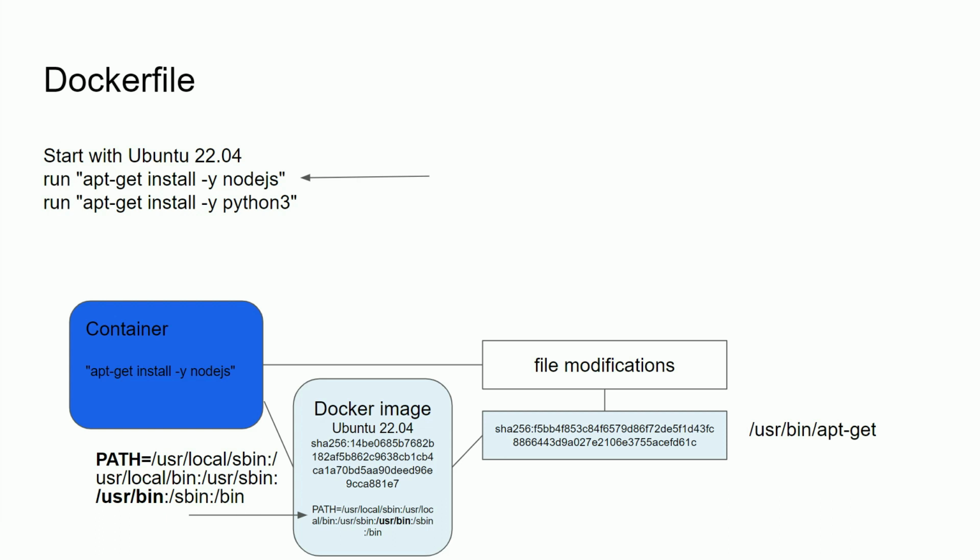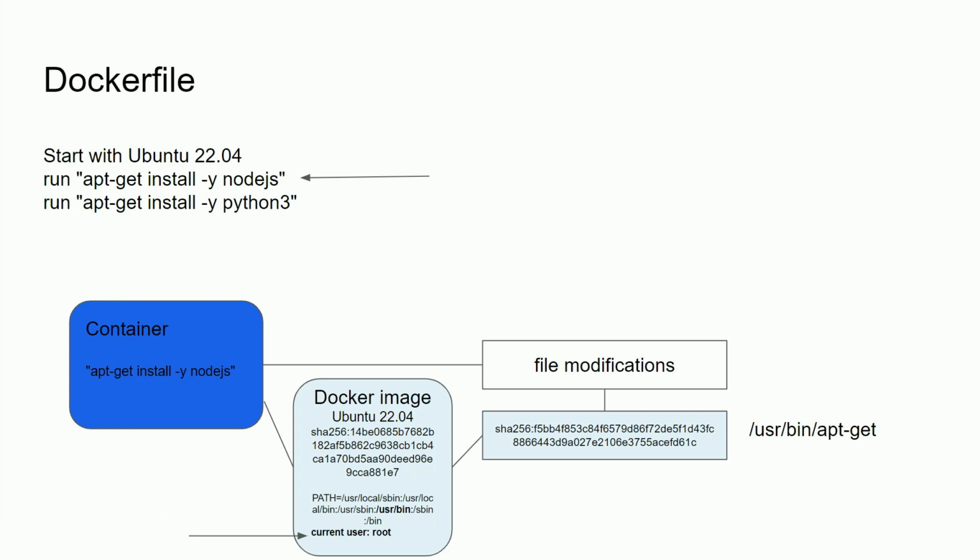Now there's another thing to know about images, which is that they specify the user account that will be used to run commands by default. In many cases, an image will define that default user to be root. And Docker users will often choose to run everything within the container as root. This can be a little unsettling at first.